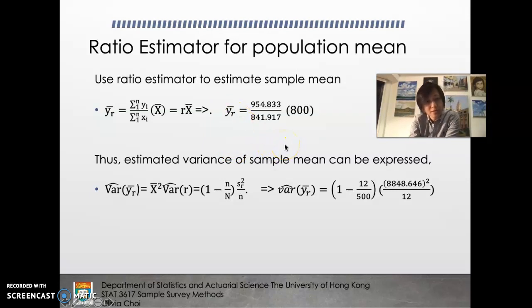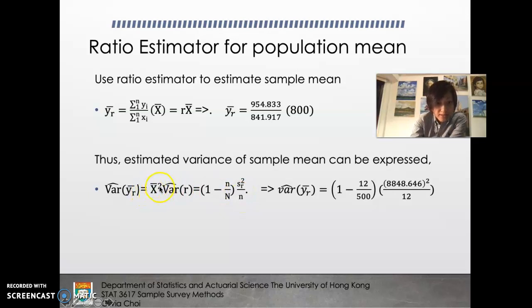Then we can compare this Y bar estimation from the ratio estimator with the ordinary Y bar estimation from the summation of yi divided by n. With this, we can also estimate the variance of the Y bar. That equals X bar squared multiplied by the variance of R. Again, we can obtain the variance of R from 1 minus the finite population correction factor multiplied by SR squared over n.